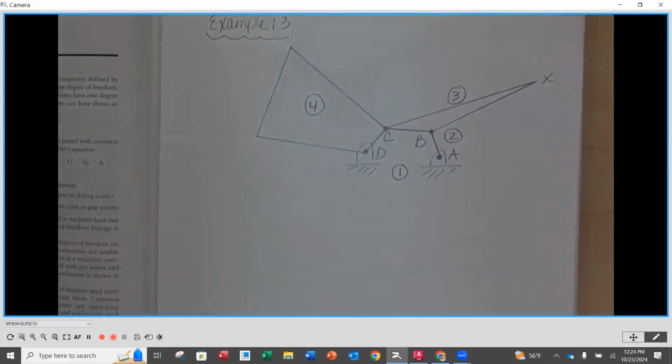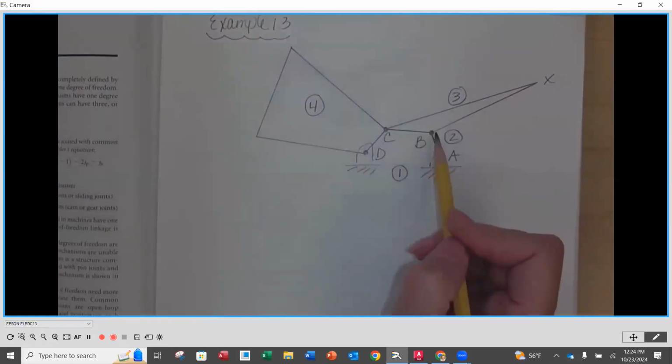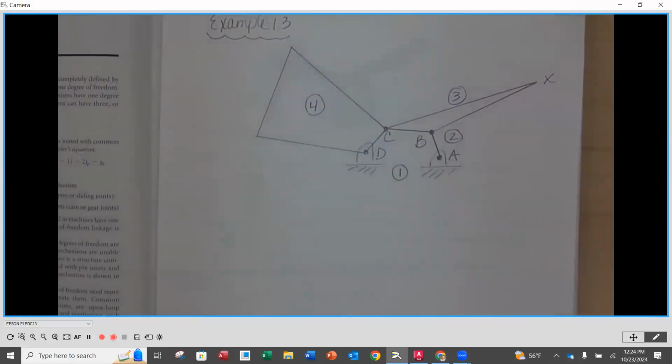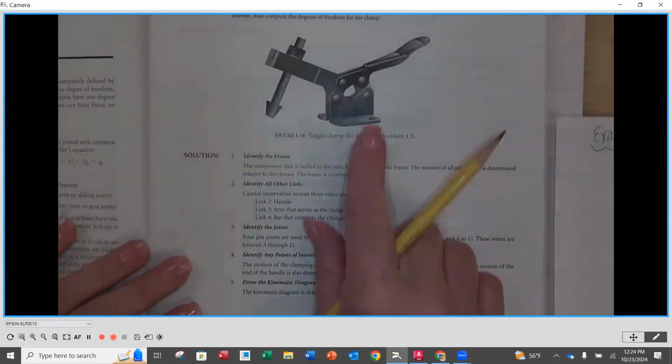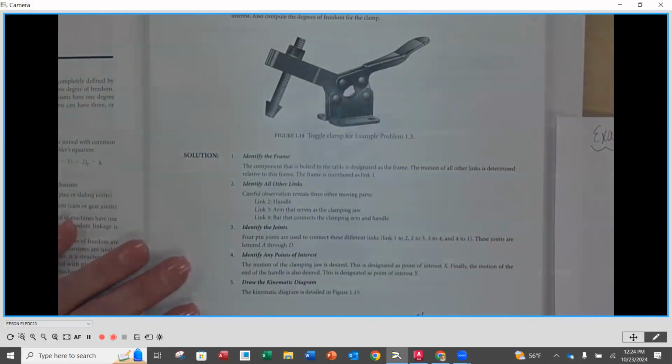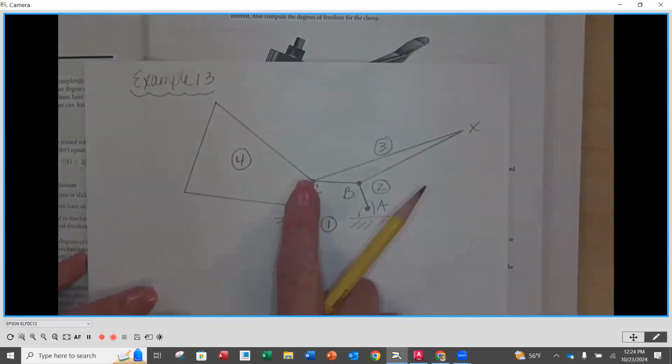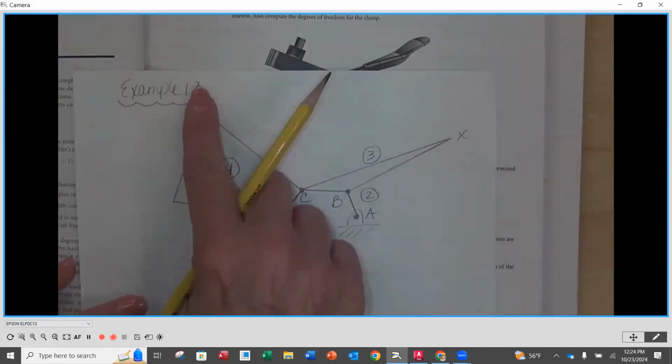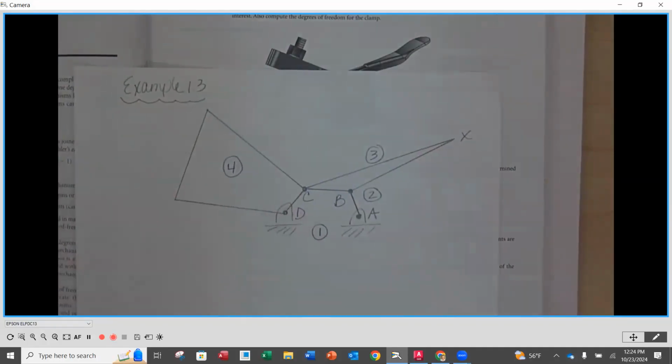Now I also want to make another point here: you will notice that the only place that I have letters, where I have the joint symbol, which is the circle filled in, is where there's a physical connection with a pin going through it on this mechanism. So if I look here, there's 1, 2, 3, 4 pins. Do not put a joint at the endpoints of each part of a link that you draw, only where there is a connection.